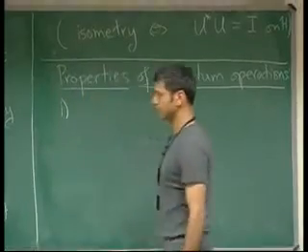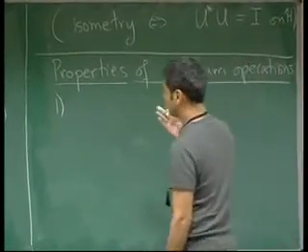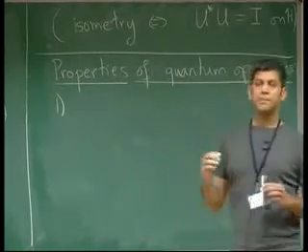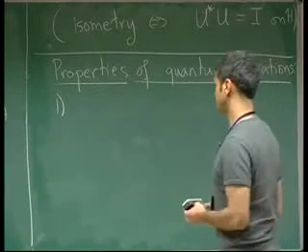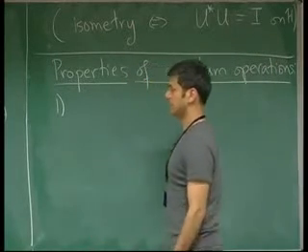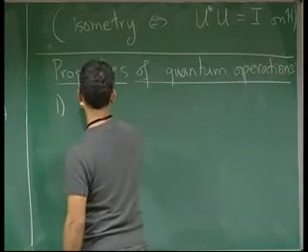One, which is the obvious one, is that they map quantum states to quantum states, meaning positive semi-definite matrices to positive semi-definite matrices. And two, they preserve trace. So that's how they preserve density matrices. So let's write these down.